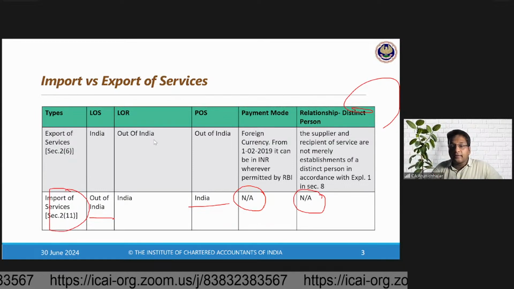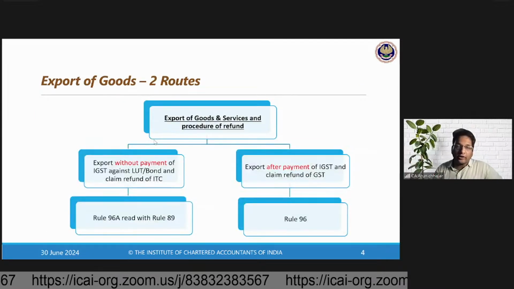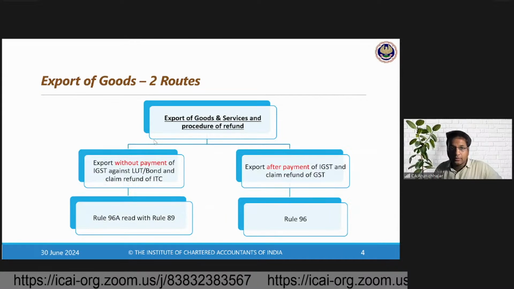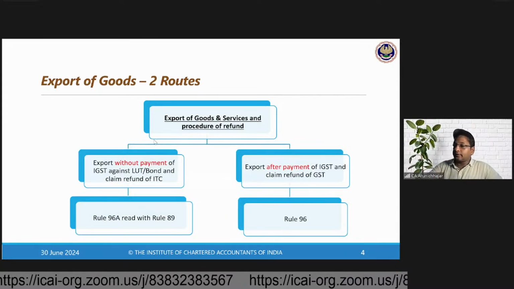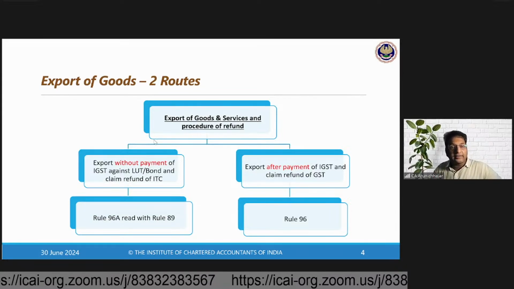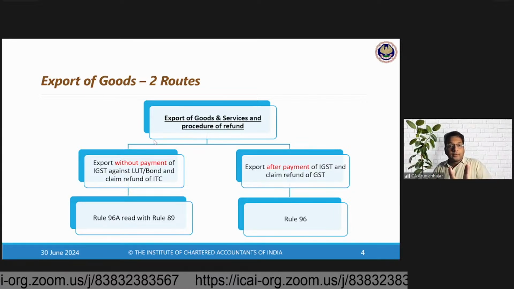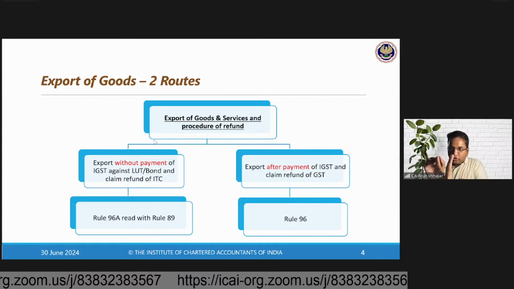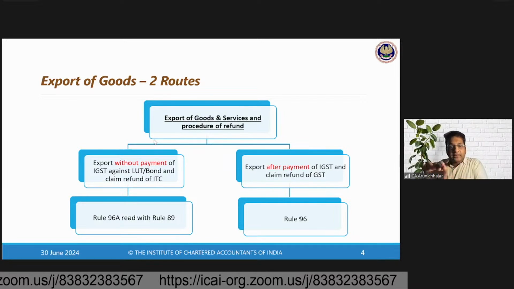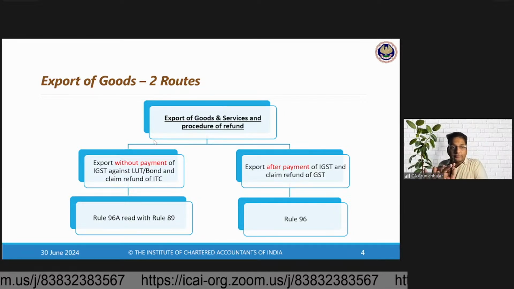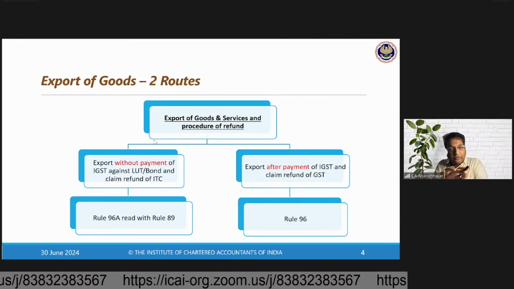Now there are 2 possible routes for exporting goods. And these two routes are the same for supply to an SEZ unit. So if I'm exporting goods or supplying to an SEZ unit, there are 2 possible routes. It is applicable for export of services.